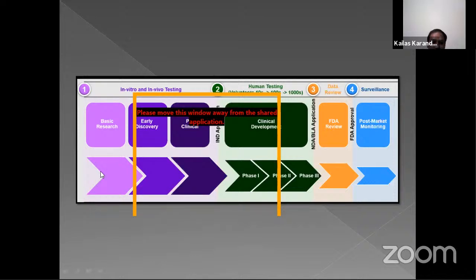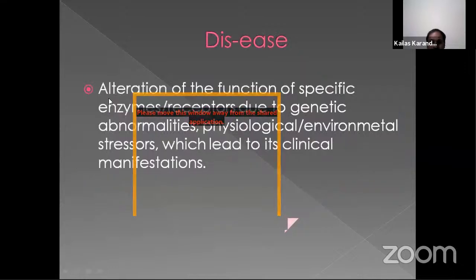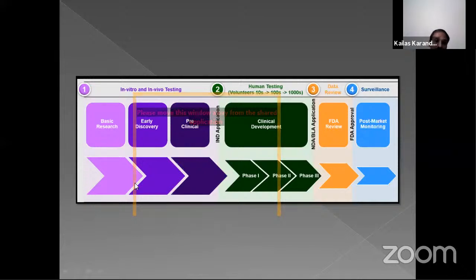In this drug development, we are usually revolving around only the basic and early research. At our PG level, maximum we can extend our work up to the preclinical level.